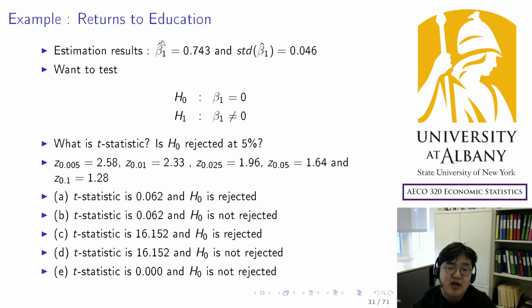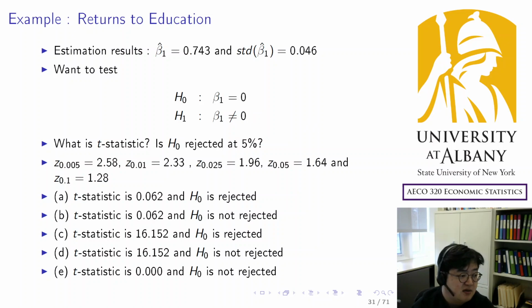So again, we have the point estimator and standard error. From here, calculate the t-statistic and see if it is rejected at 5%. It is a two-sided test, and your belief is beta 1 equals 0. So pause the video, and it is better to calculate directly in Excel.